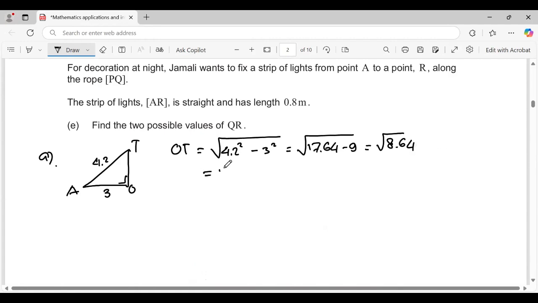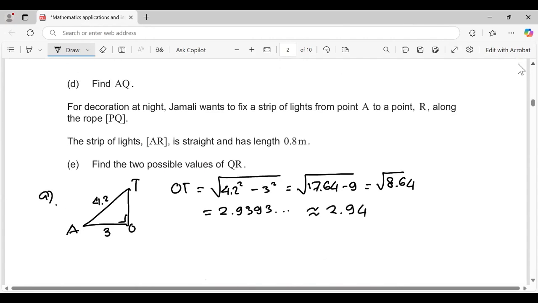And the result is 2.9393, or 2.94. So OT is 2.94.